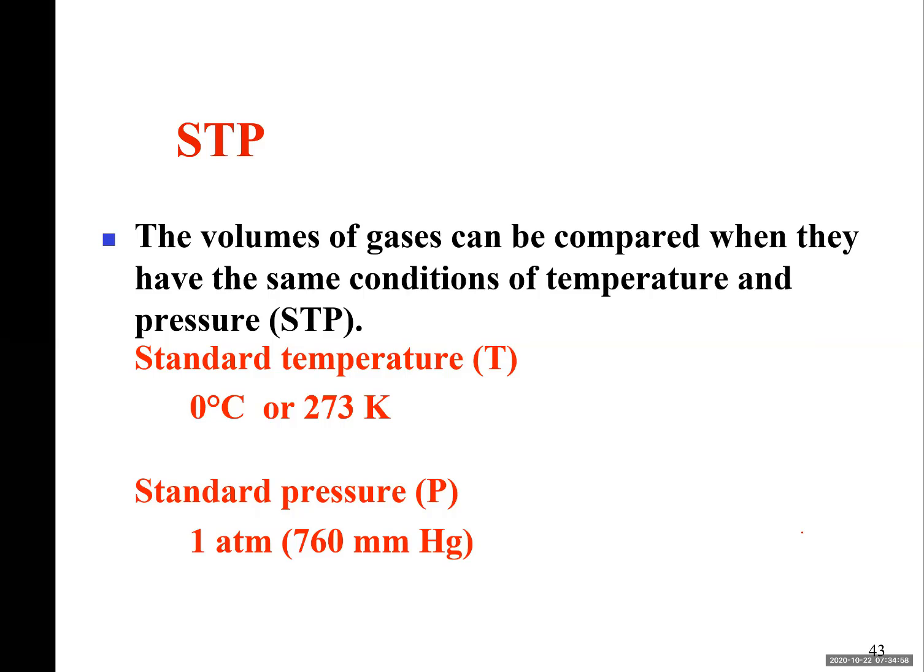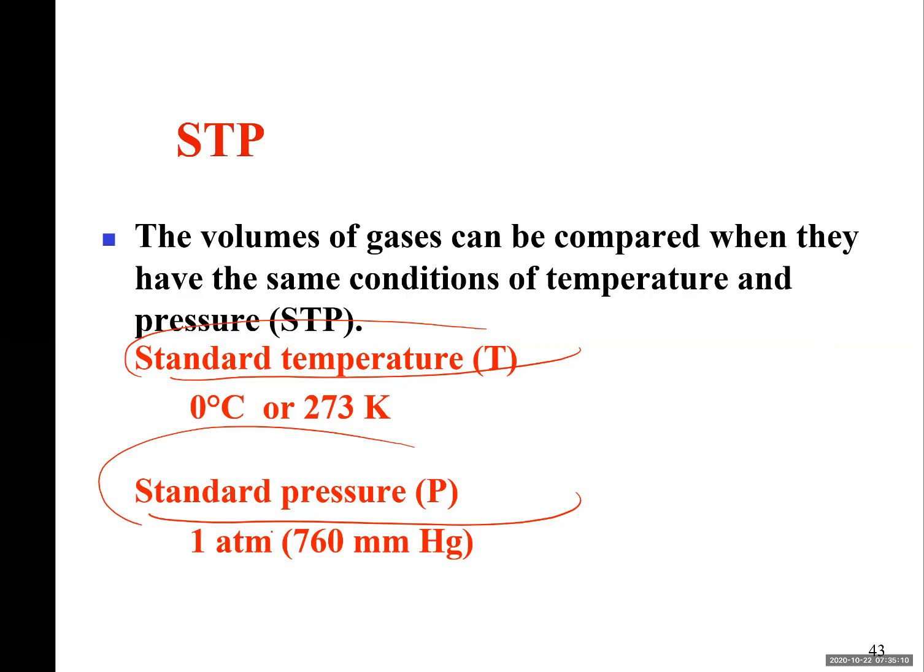And that term is called standard temperature and pressure. We are defining it just for this chapter, just when we are dealing with gases and gas laws. The standard temperature is 0 degree Celsius, which is the same as 273 K. And what is the standard pressure?